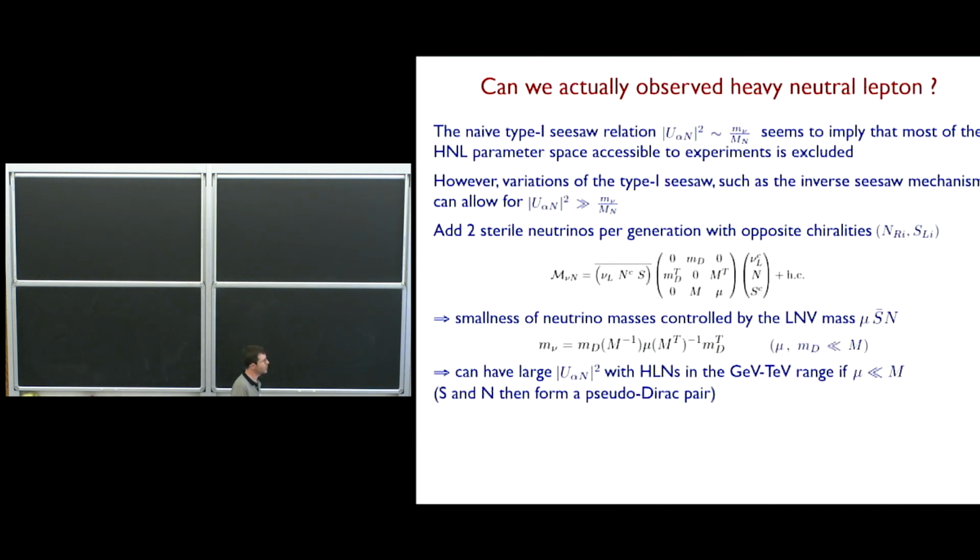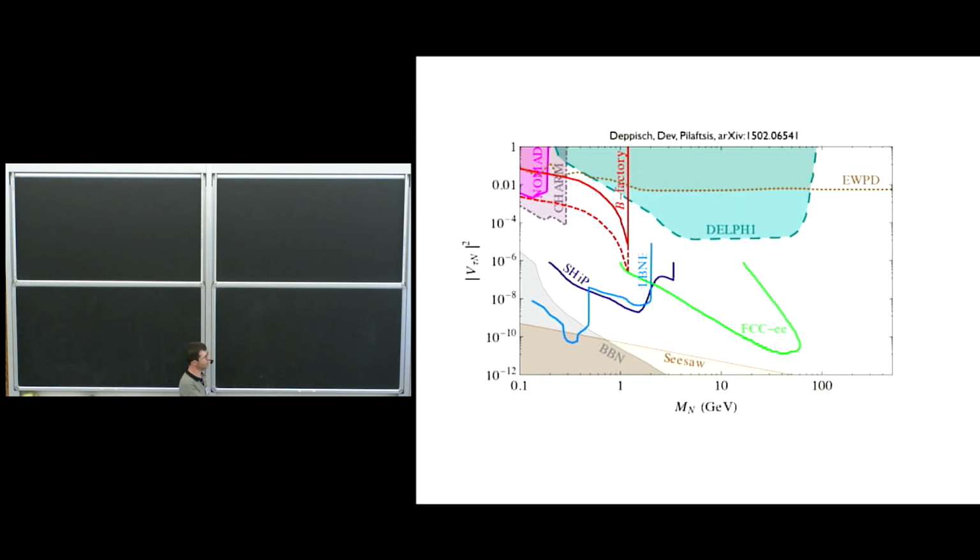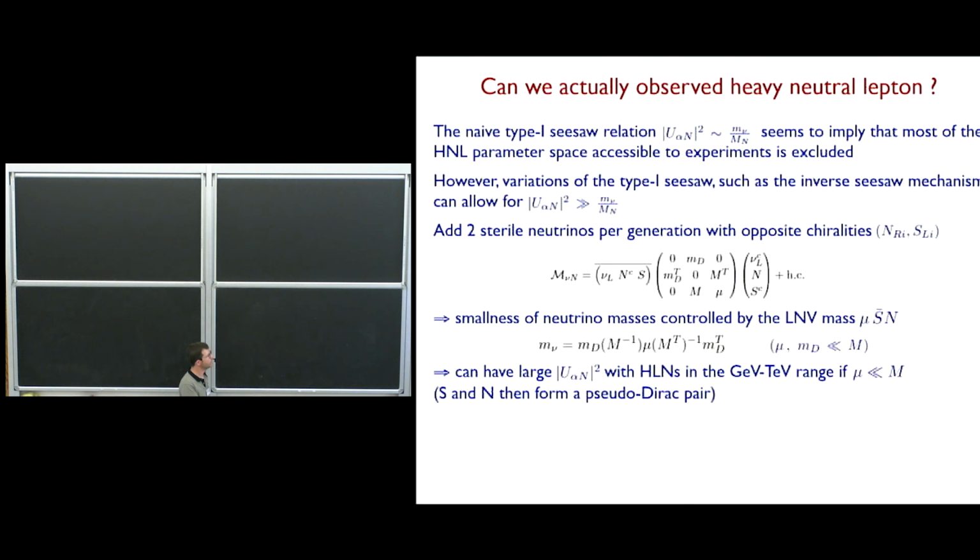So before coming to collider searches, let me make a comment. I didn't say anything so far about this seesaw line here. So let me now comment about that. Previously, we have seen that the active-sterile mixing angle squared is given by the ratio of the standard neutrino mass divided by the sterile neutrino mass.